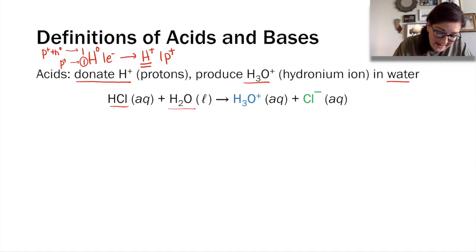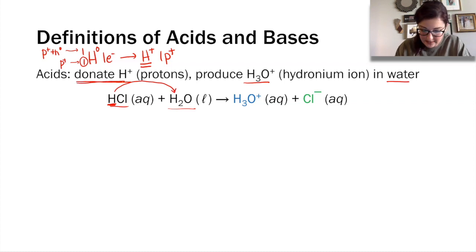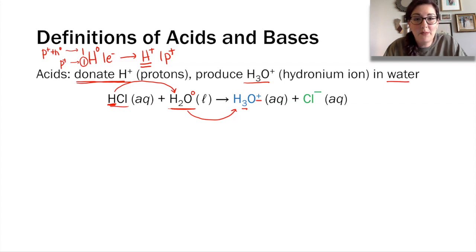So the H+ from our acid, as we go to products, is given to water, because acids give away their H+. Water gains a proton, so it goes from H2O to H3O, and it goes from being a neutral molecule to having a +1 charge.